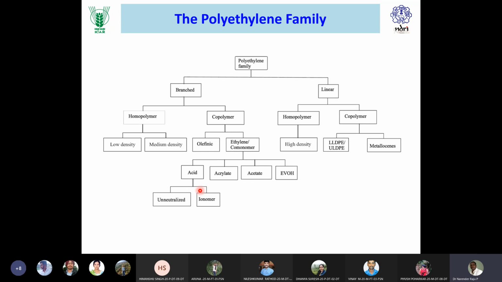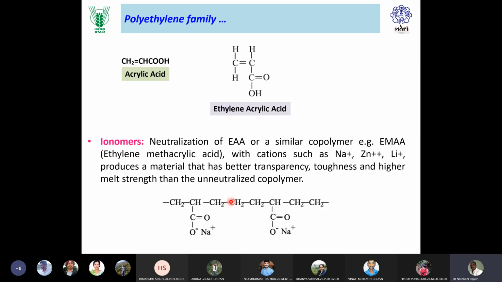Now you also find that there is an ionomer in the class, so I just gave the definition of this ionomer and how the structure of such ionomers looks. It is the neutralization of ethylene acrylic acid, or any other similar copolymer such as ethylene methacrylic acid, with cations such as sodium, zinc, lithium.